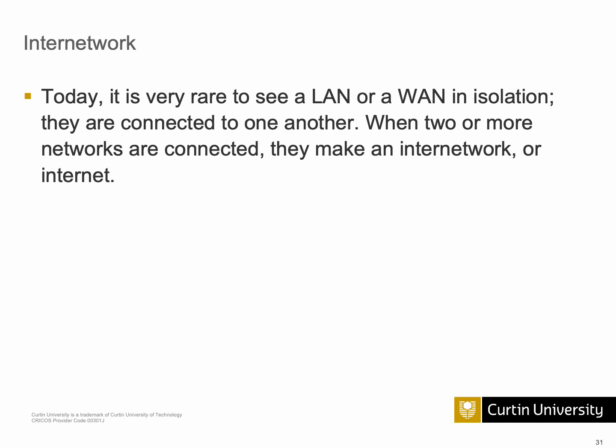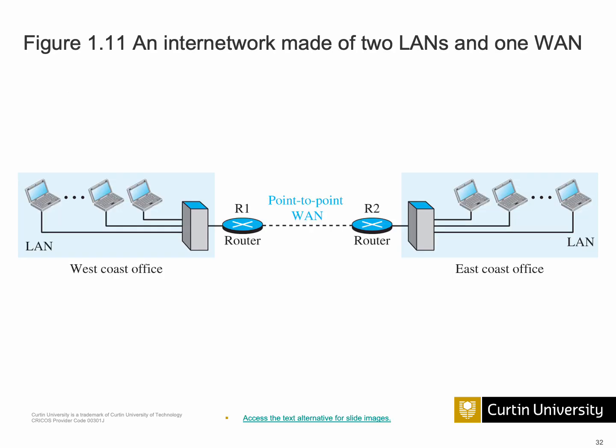Then the company will have an internetwork. This figure shows this internetwork. We have the office on the west coast and the east coast, and they are connected with a point-to-point WAN link.